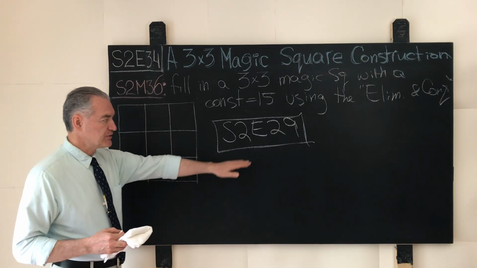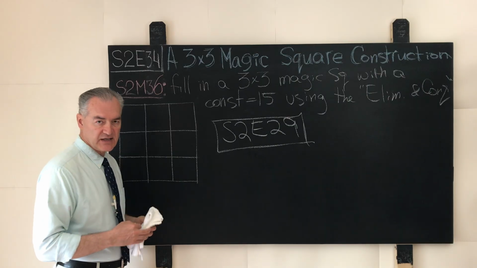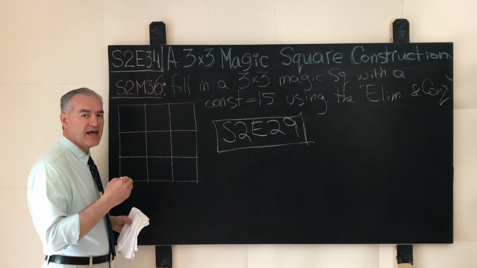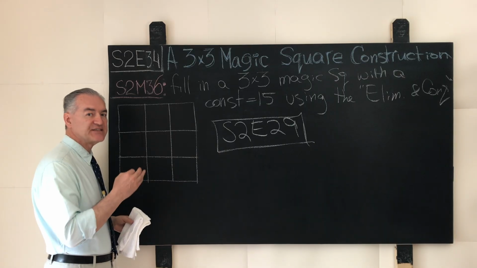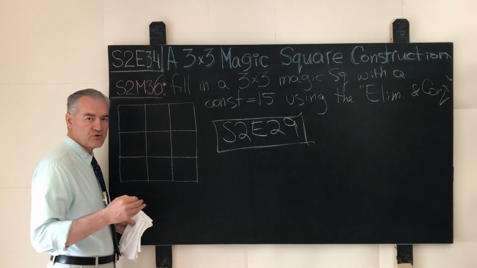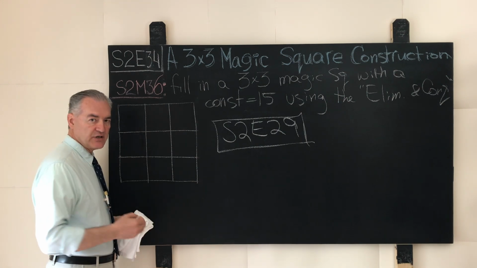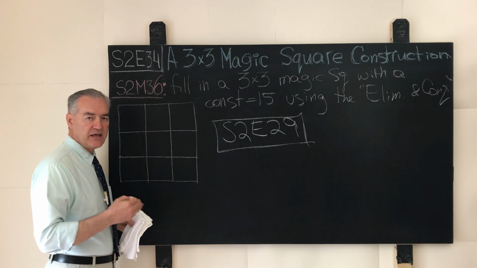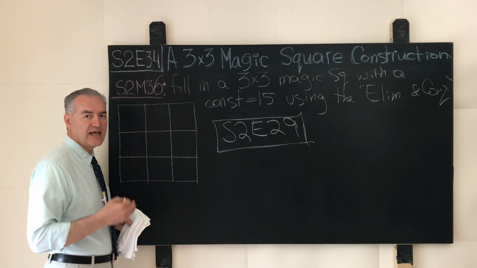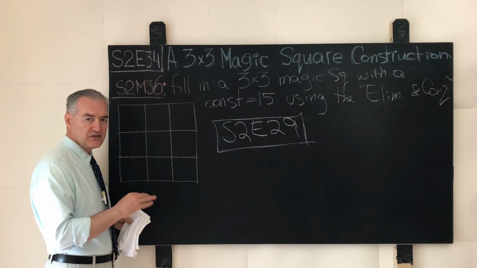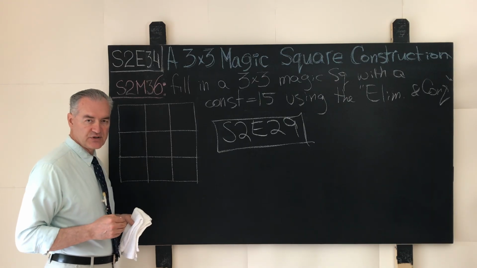Also, in season 2 episode 29, we discussed the fact that the contents of any magic square do not have to be our favorite consecutive positive whole numbers 1, 2, 3, 4, 5, and so on. In theory and in general, it is possible to fill out any magic square with the elements of one and the same arithmetic progression, as long as the difference between the adjacent elements is one and the same.